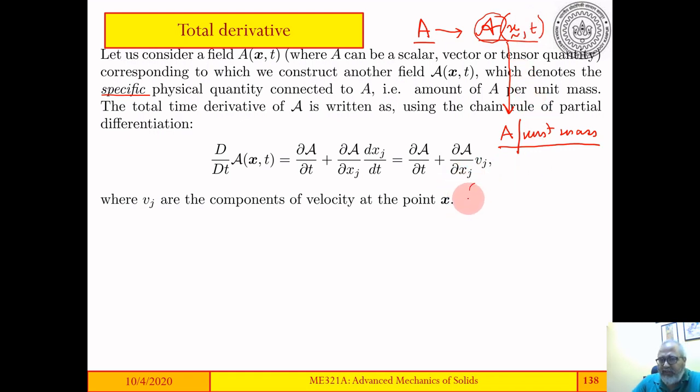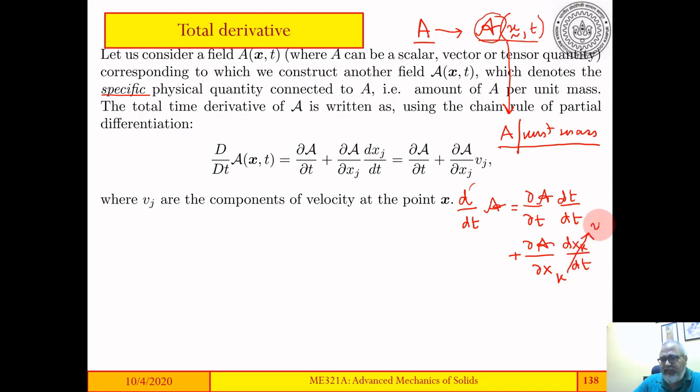So if I want to take the total derivative of it, if I want to take d/dt of the fancy A, then I will have to take the time derivative, ∂A/∂t, plus the space derivative times the velocity at the point x, which we call vk.